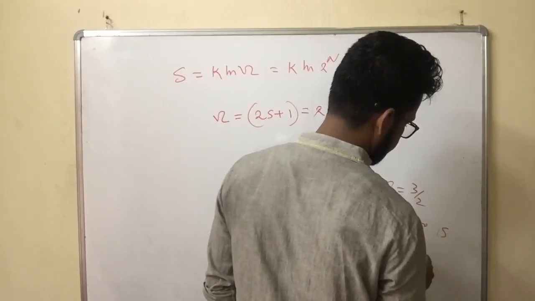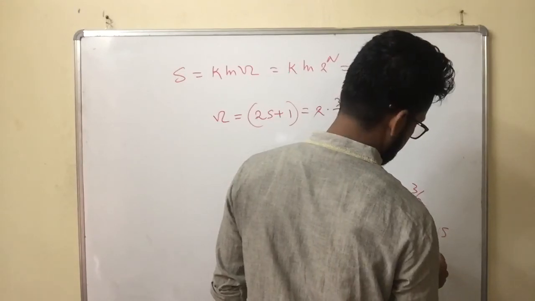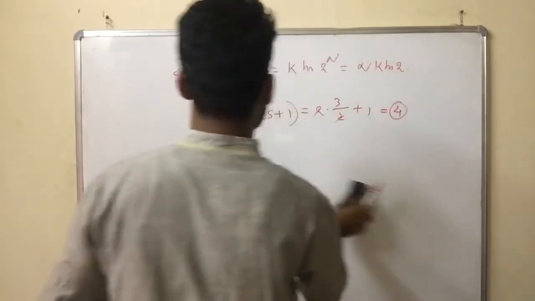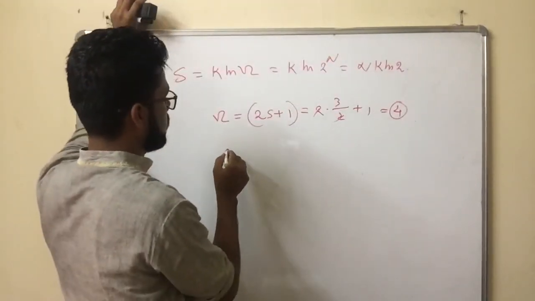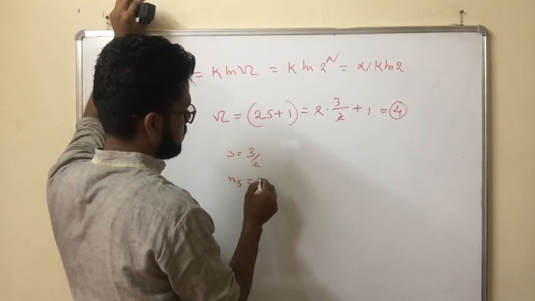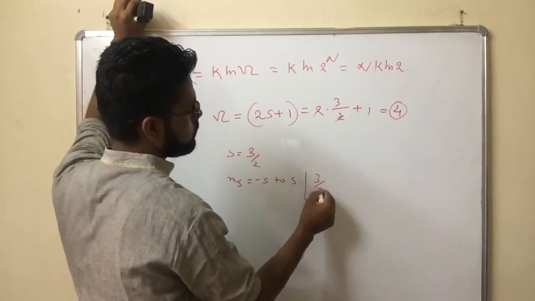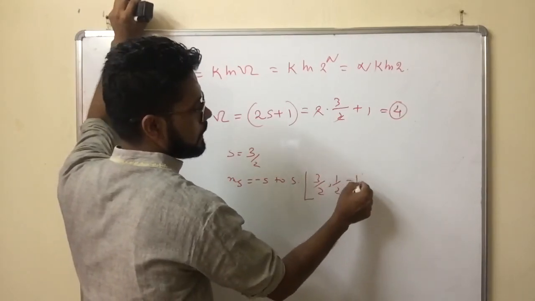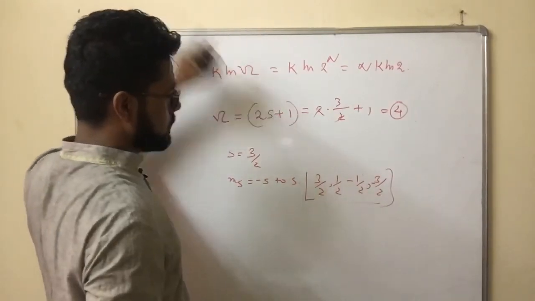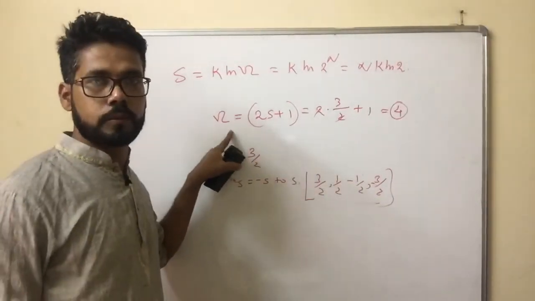Whenever s equals 3/2, ms is 3/2, 1/2, minus 1/2, minus 3/2. How many microstates are available? 1, 2, 3, 4. Similarly, in statistics also we are getting 4 microstates.